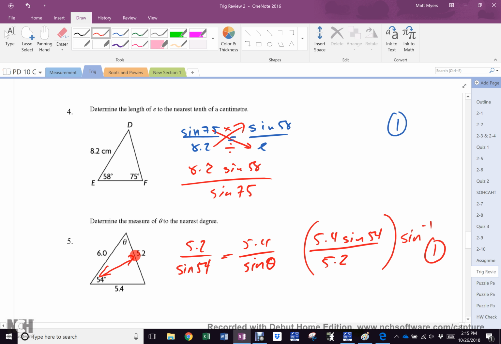Now, will this answer be greater or smaller than 54? Greater, because it's across from a bigger side. Will it be close to 54? Yes, because 5.4 is close to 5.2.